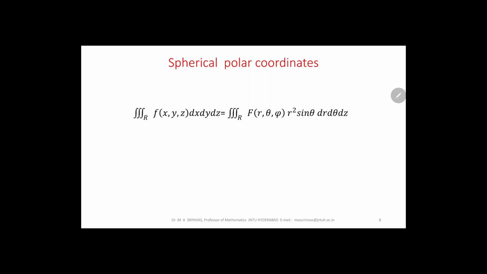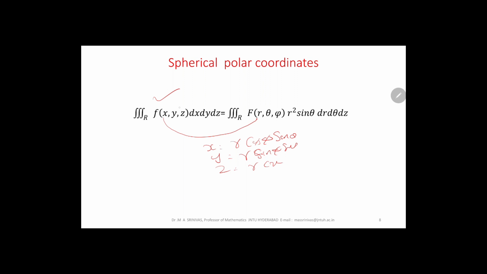This is the general procedure, already learned in lecture 2. Once a triple integral is given in the Cartesian coordinate system, replace x with r cos phi sin theta, y with r sin phi sin theta, and z with r cos theta.